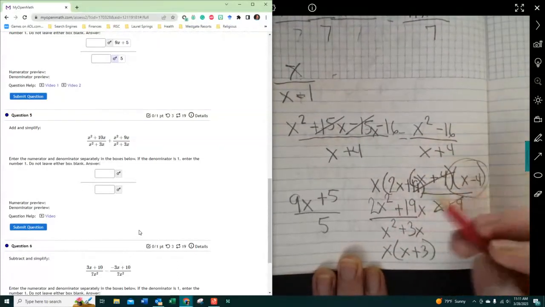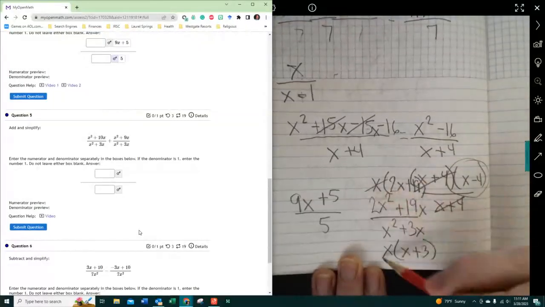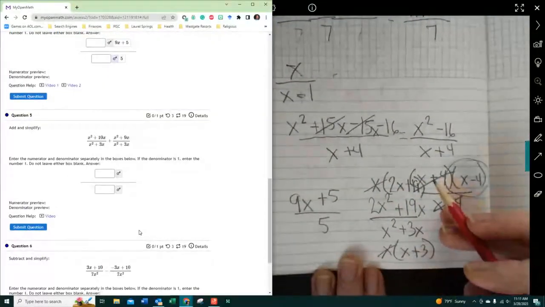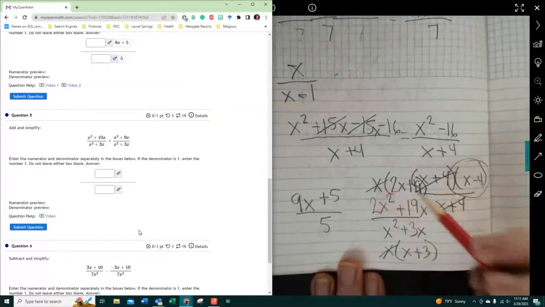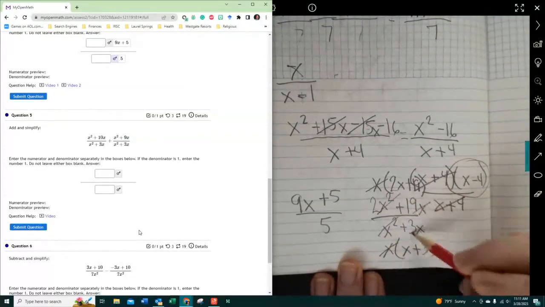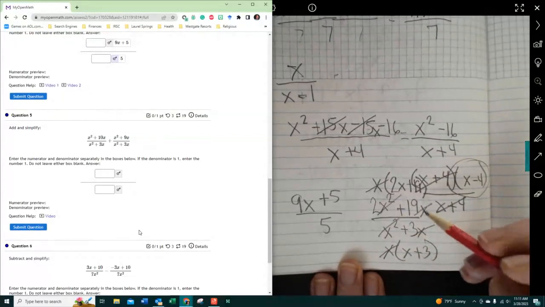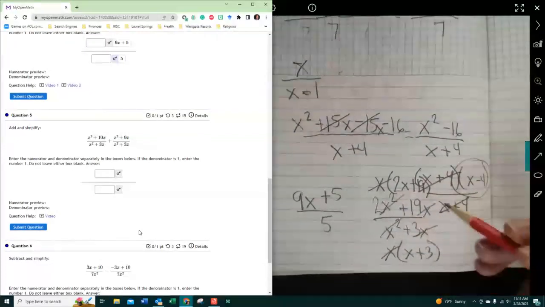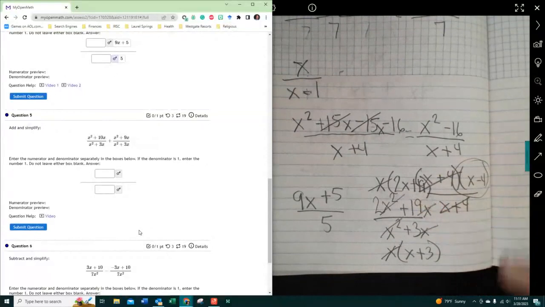Sorry, I'm running into my other problem here. But then these x's will cancel each other. All right? Don't do this. I see students doing this, okay? They go ahead and do this kind of stuff. That is wrong math. Don't do that. That's so wrong.